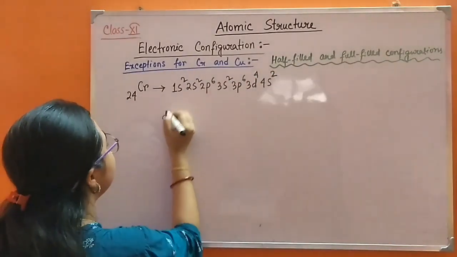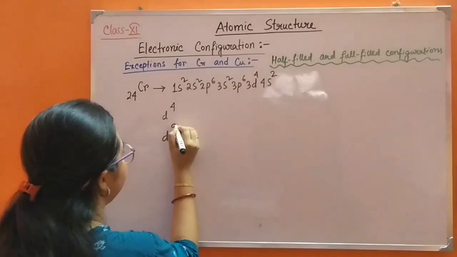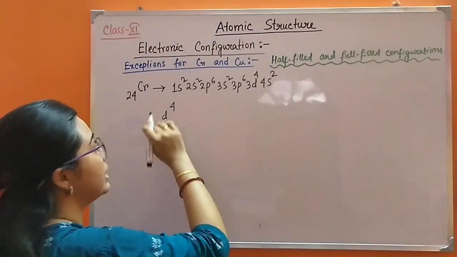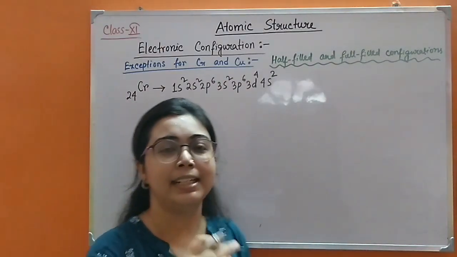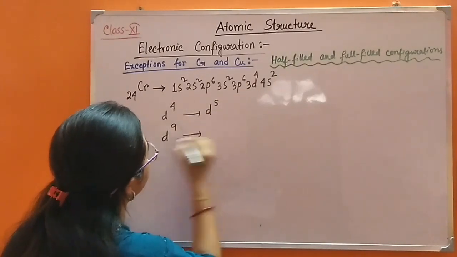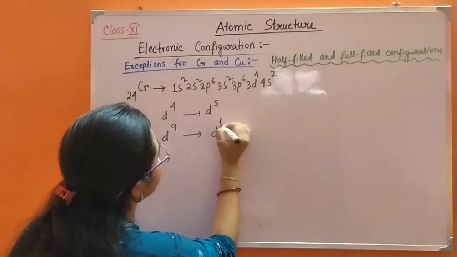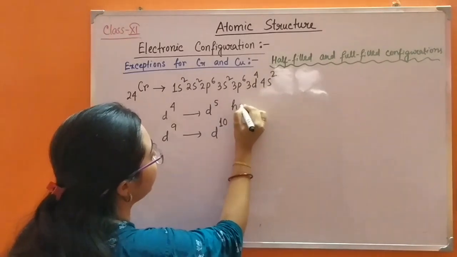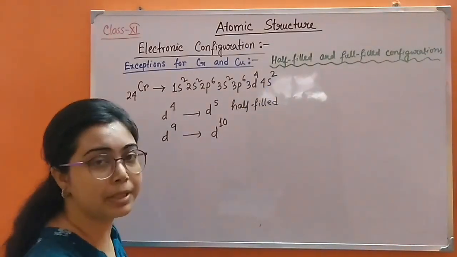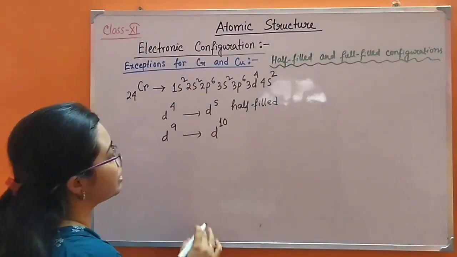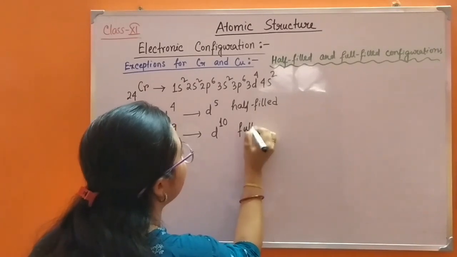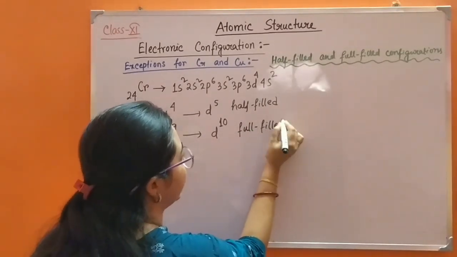In case of d4 and d9 systems, one electron from the 4s orbital comes into the d orbital and the d orbital becomes d5, or in case of d9 it becomes d10. d5 is half filled because total 10 electrons can be present in d orbital and 5 electrons are present, so it is a half filled configuration, and d10 is a fully filled configuration.